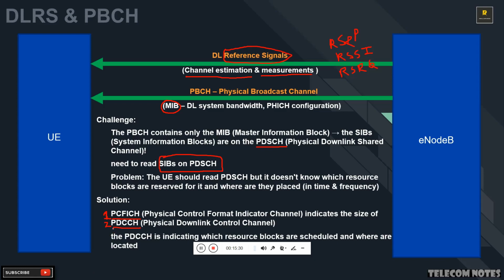And after you read that particular PDCCH, you will get at what location you will find the data for your UE, placed on PDSCH, physical downlink shared channel. So to read PDCCH you will use PCFICH, and to read PDSCH you will use PDCCH.